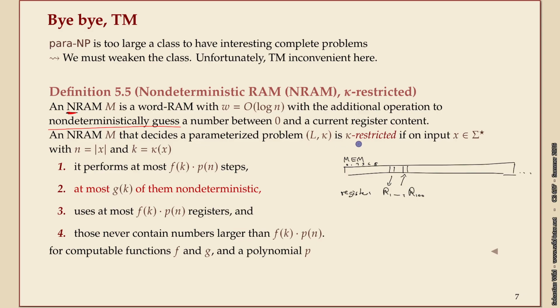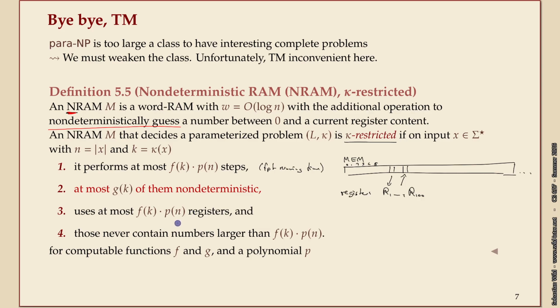And we call such an NRAM kappa restricted if its running time is FPT for the input. This part is the same as for Turing machines.